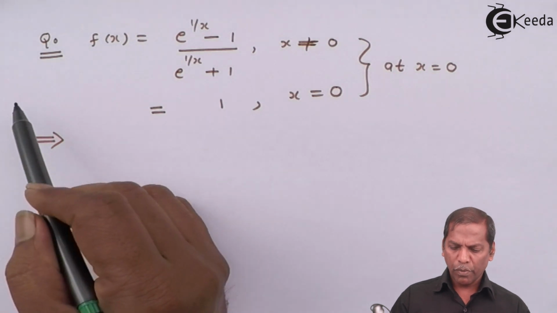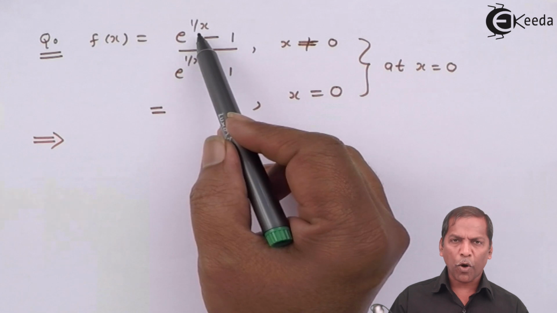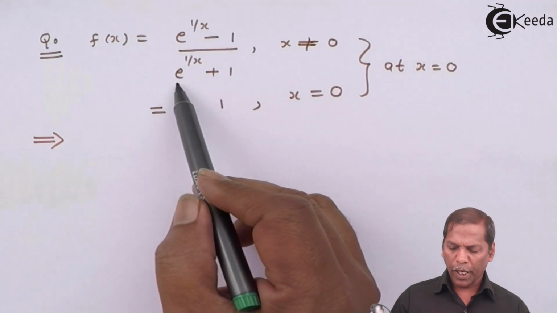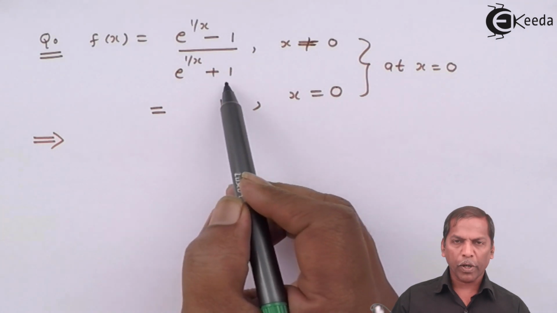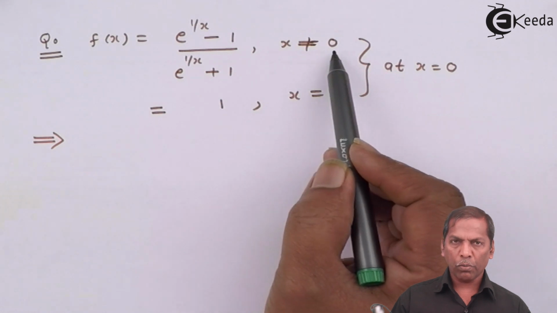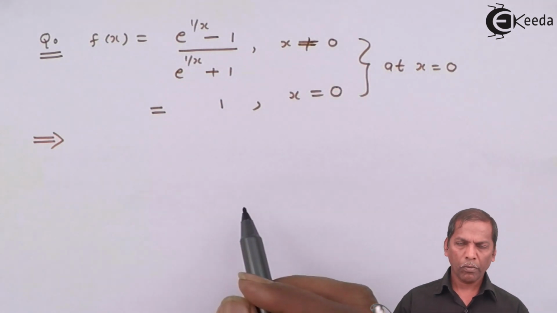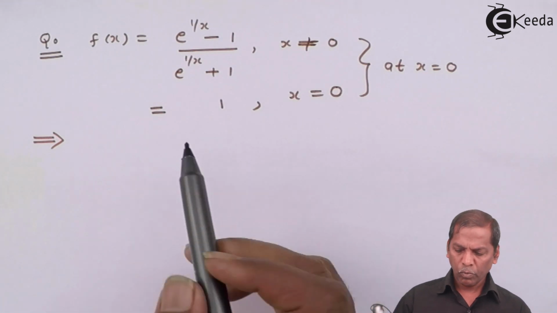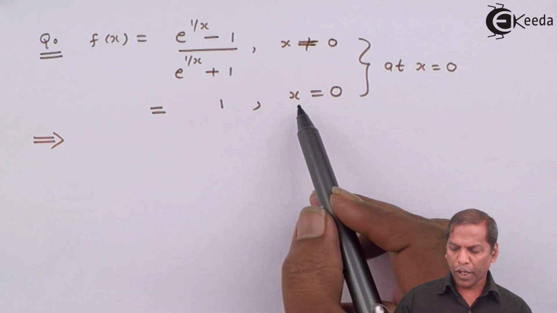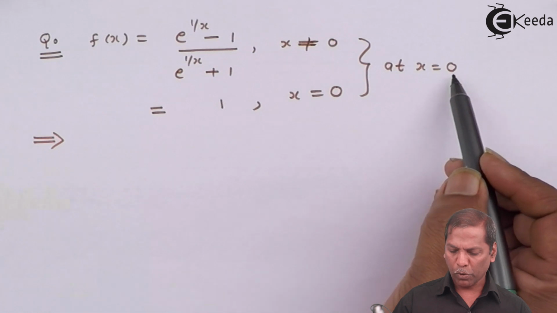The question is f of x is equal to (e raised 1 upon x minus 1) upon (e raised 1 upon x plus 1), x not equal to 0, and f of x is equal to 1, x equal to 0, at x equal to 0.